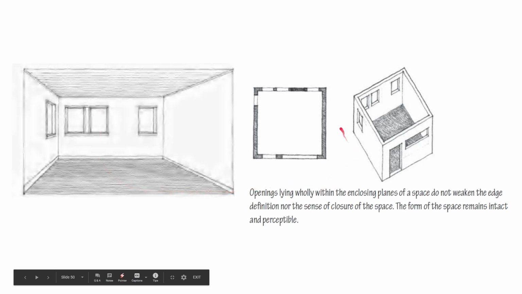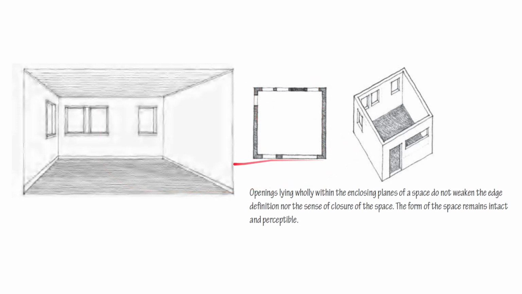So given in this plan, we have four enclosed walls within the plane, and the form of the space remains. This is a typical interior plan. So you are enclosed with these four walls but you still have the opening. It doesn't really take away from the space. So the perception of it having four walls remains the same.